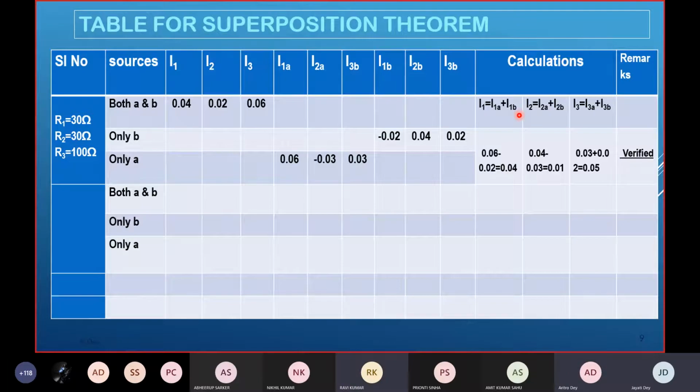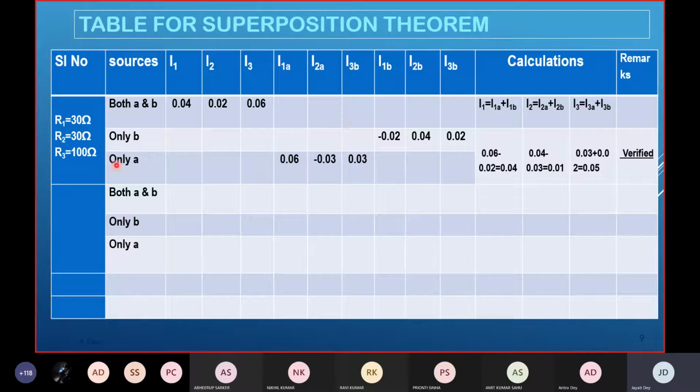We are finding the algebraic sum, na? Algebraic summation. You just note the symbols here. We have written I1B is equal to minus of that, so minus is considered in it already. That's why. I1B is found out to be minus 0.02, isn't it? Yes ma'am.